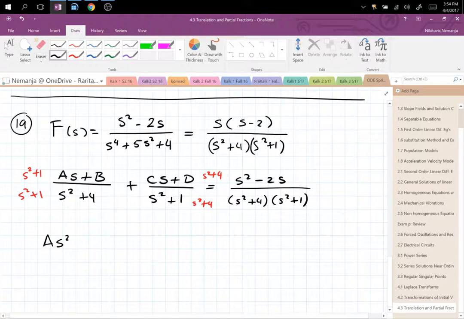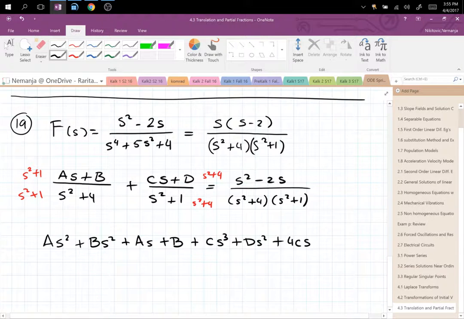As cubed plus bs squared plus as plus b plus cs cubed plus ds squared plus 4cs plus 4d equals s squared minus 2s.